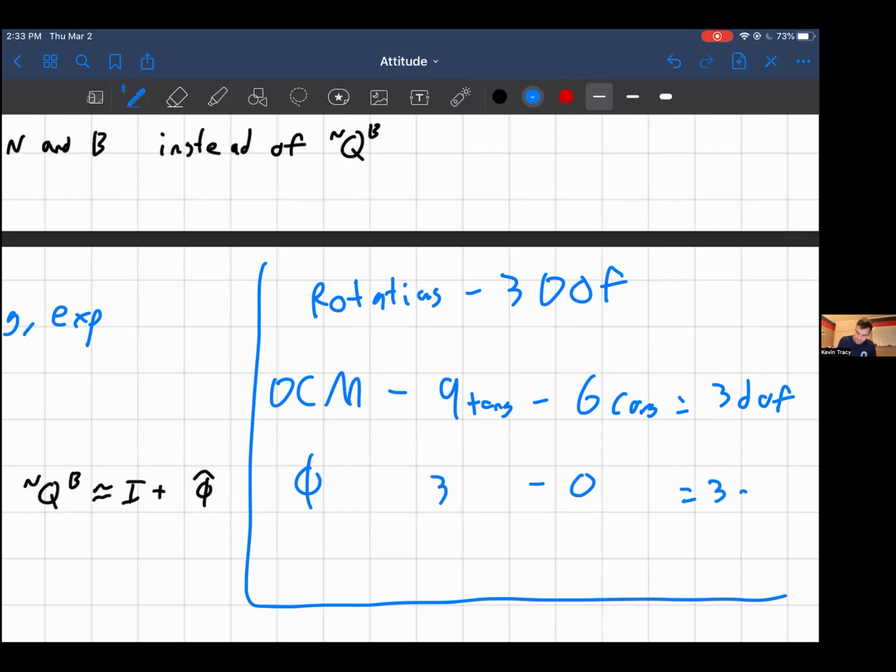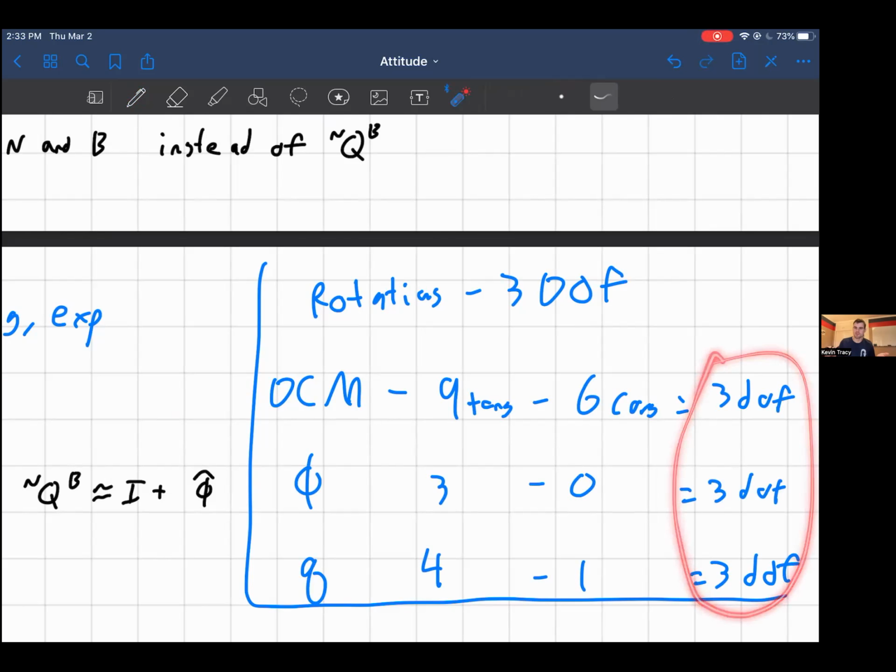And for quaternion, I have 4 terms and 1 constraint. So all rotations, no matter how you describe them, will always have 3 degrees of freedom. Whether you describe it using a rotation matrix with 9 terms or a quaternion with 4, you will always have the number of constraints that is the complement to that. For the rotation matrix, we had 6 constraints, which brings us down to 3 degrees of freedom. For the quaternion, we had 1 constraint, which is that our quaternion must be unit norm to be describing an attitude. Does that answer your question? Okay, got it. Yeah, thank you. Sweet.